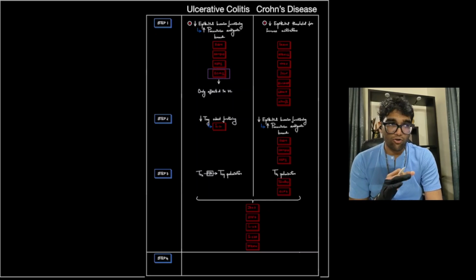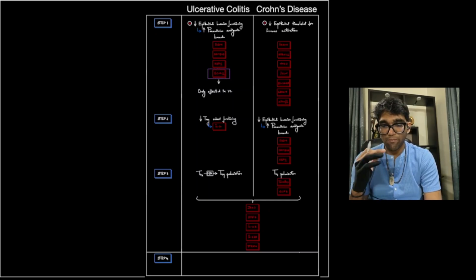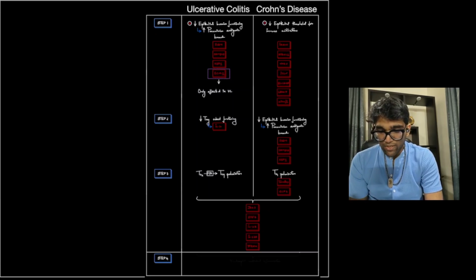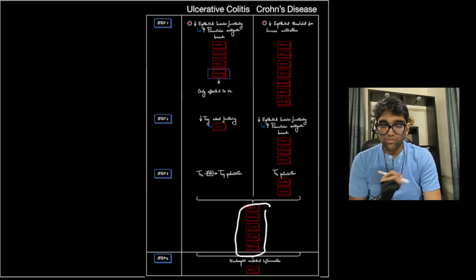And vice versa also, because Th17 polarized neutrophil mediated epithelial damage can cause epithelial barrier dysfunction, and some T cells will then undergo Th2 polarization. So finally you have Th17 polarization in both disorders.